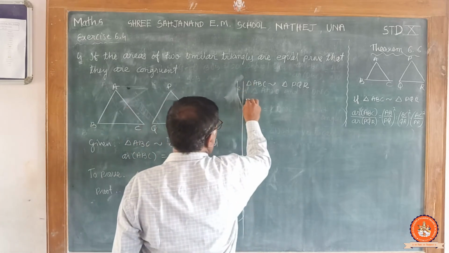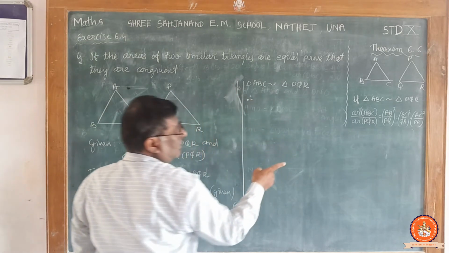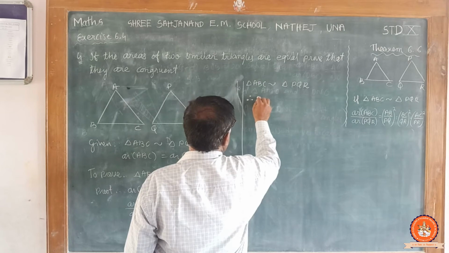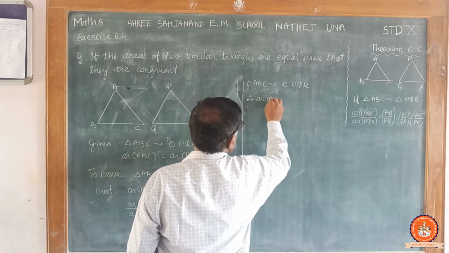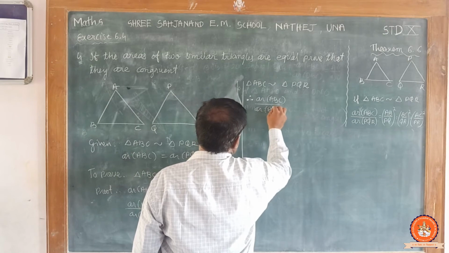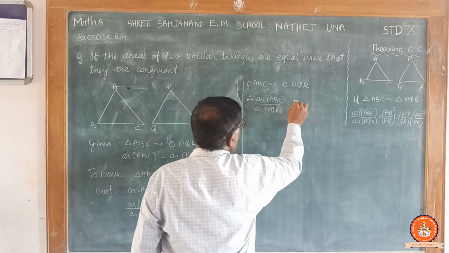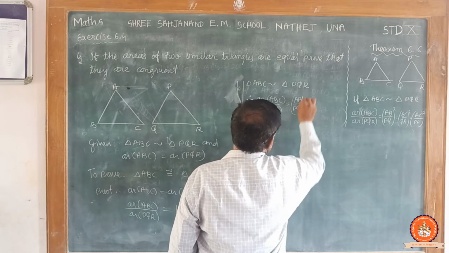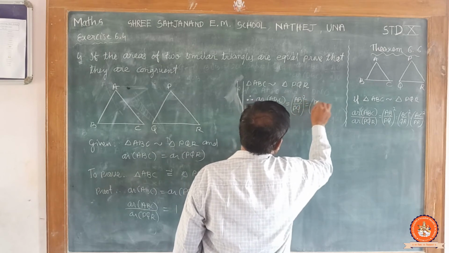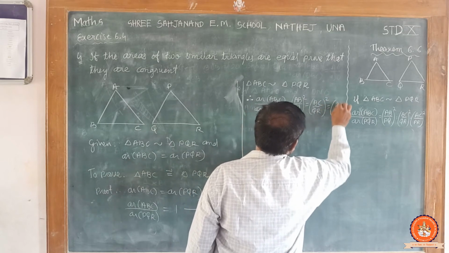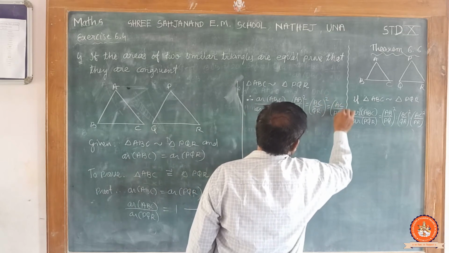Triangle ABC is similar to triangle PQR, and therefore as per this theorem, area of ABC upon area of PQR will be AB upon PQ, the whole square, is equal to BC upon QR, the whole square, is equal to AC upon PR, the whole square.